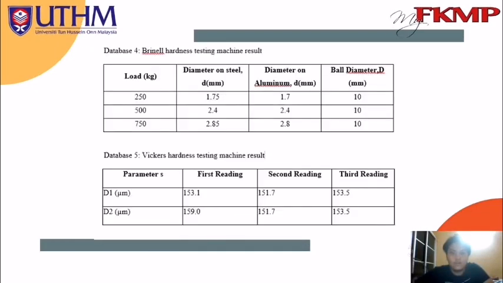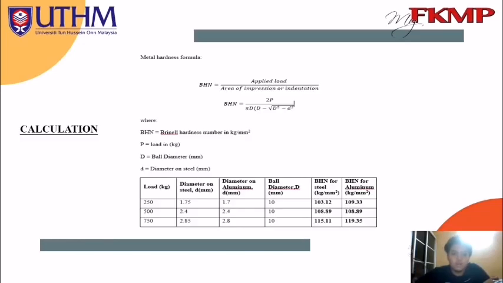For database 4, Brinell hardness testing machine result, it shows load, diameter on steel, diameter on aluminium, and ball diameter. For database 5, Vickers hardness testing machine result, they show the parameters: first reading, second reading, and third reading. So we go to calculation.